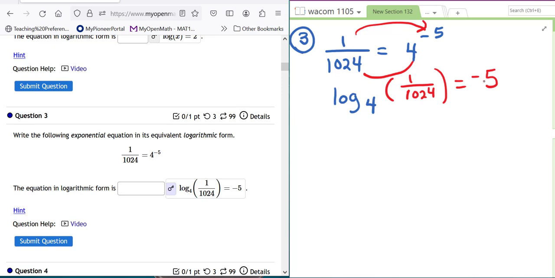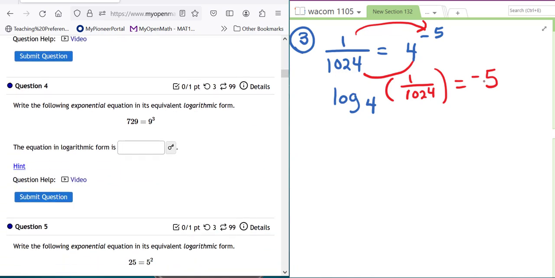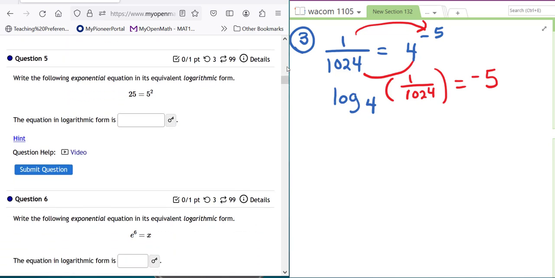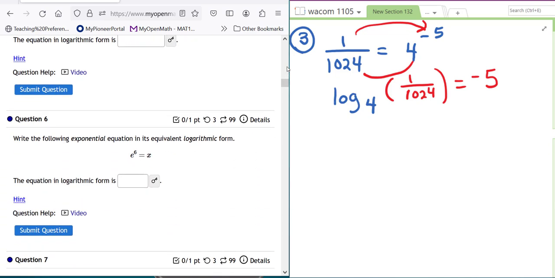There you go. So you're just spiraling around that equal sign. I think that one would be easy. You start at the 9, spiral around, log base 9 of 729 equals 3. I won't even write that one down. That one's easy. Let's do 6.